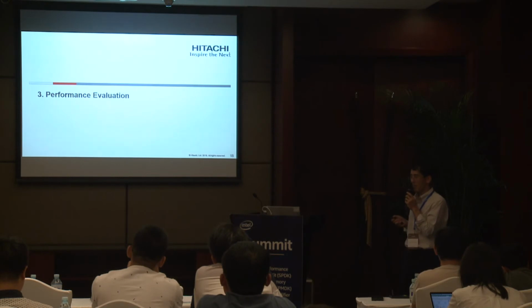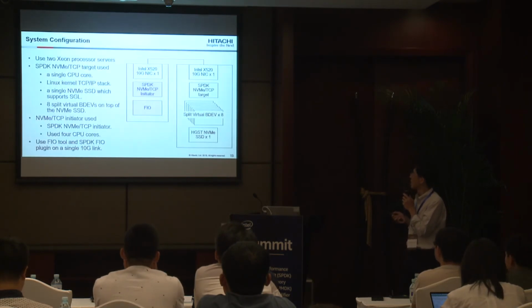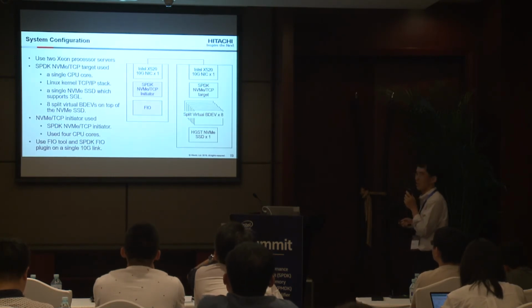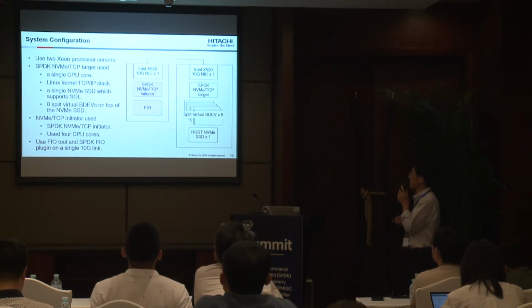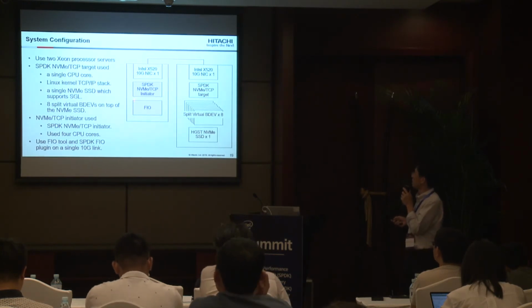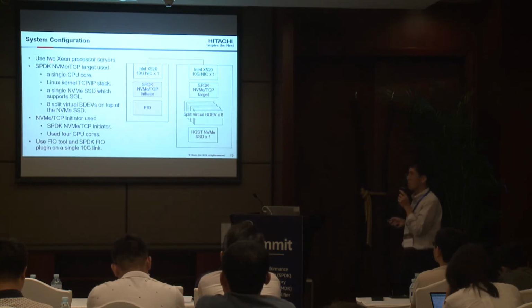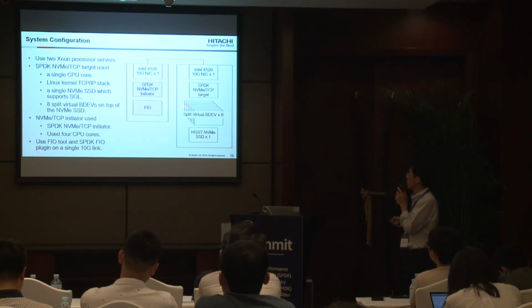So from the next page, I will share our initial performance evaluation. But this performance evaluation is a very initial and very simple configuration. I use two Xeon processor servers, and on the target side, I want to know the exact overhead, so I use a single CPU core.